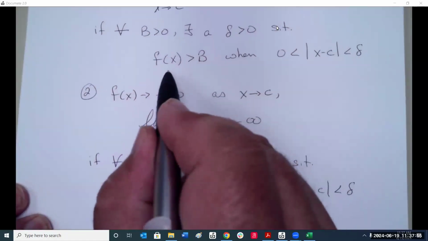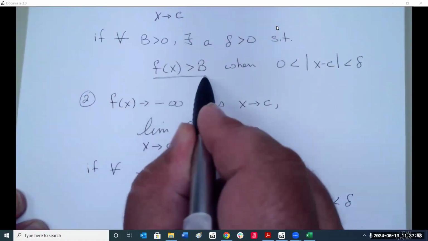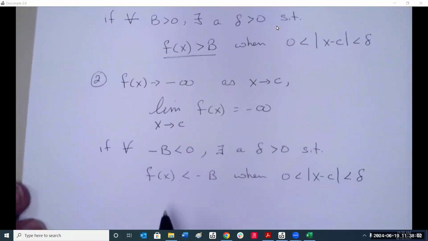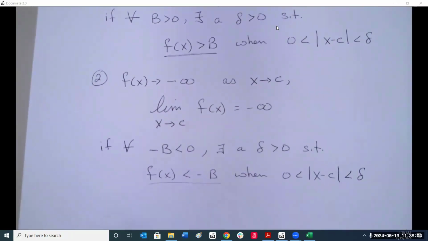So here are the big things. f of x is going to be greater than b when x goes to positive infinity, and here f of x would be less than negative b when x goes to negative infinity.